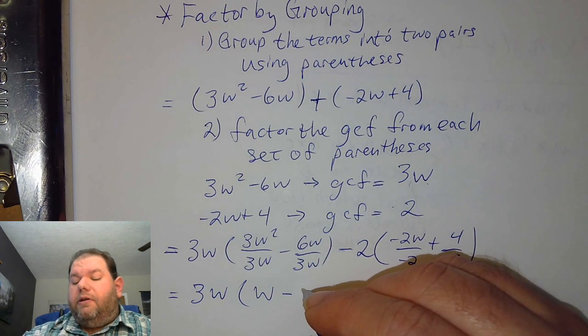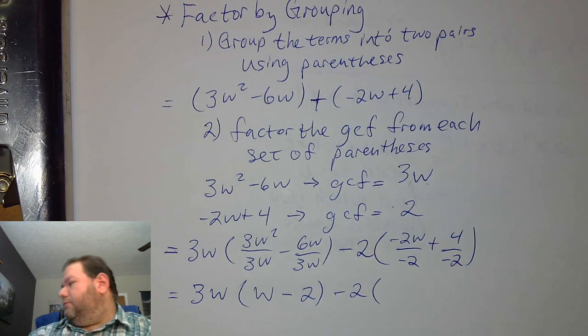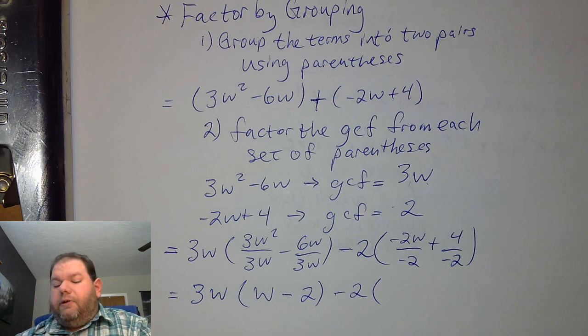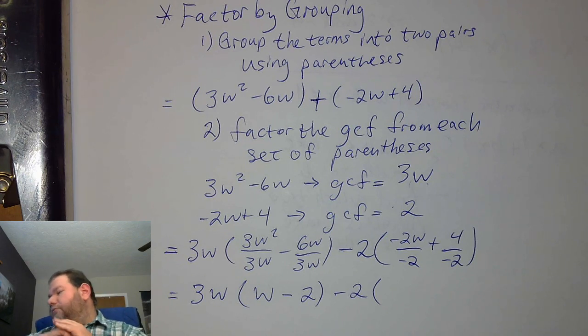So that'll be W minus 2. Now what about on the second set of parentheses? What do we have left inside? W.